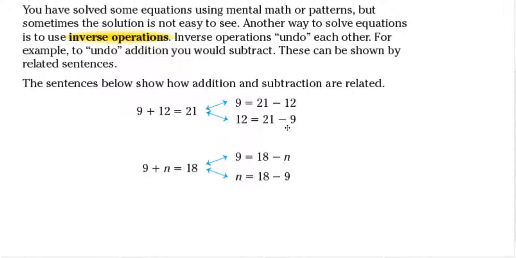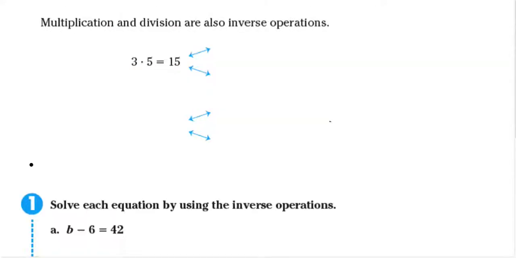Take a look at the next operation, which is multiplication. Multiplication and division are also inverse operations. Let's look at multiplication first. 3 times 5 equals 15.